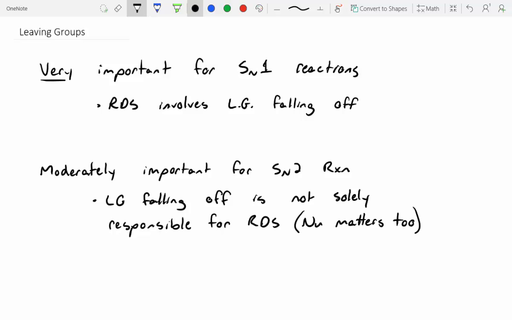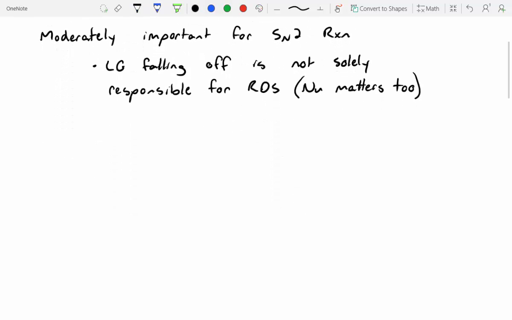So now we've got to come up with some sort of system for comparing leaving groups and which one's a better leaving group, which one's a weaker leaving group. So let's make some educated guesses and we'll just do some comparisons. We'll do leaving group comparison.